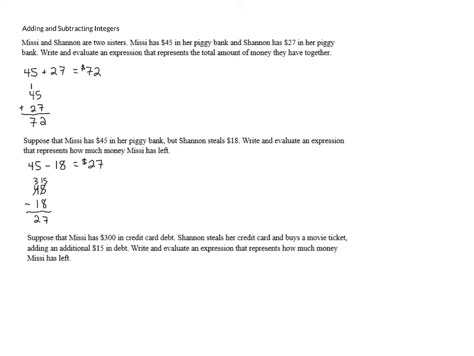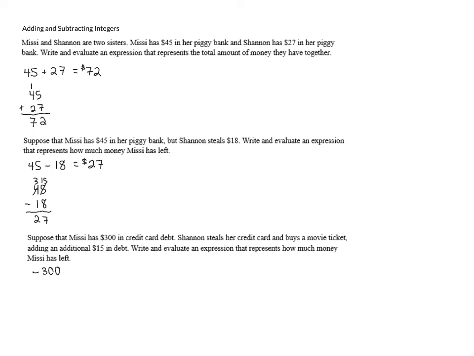So Missy has $300 in credit card debt. When you have debt, that means that you actually owe money. So that's like negative money. It's money that you don't actually have. So if she has $300 in credit card debt, we can represent that by negative 300. She actually owes $300, and until she pays it, she has negative money.